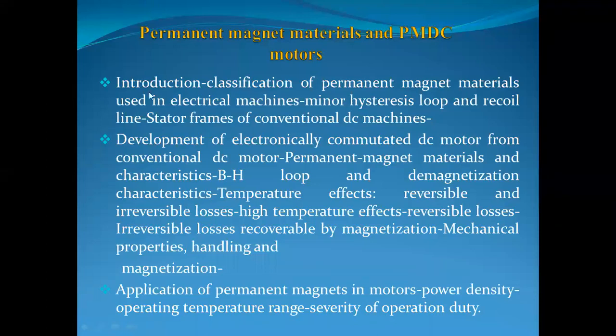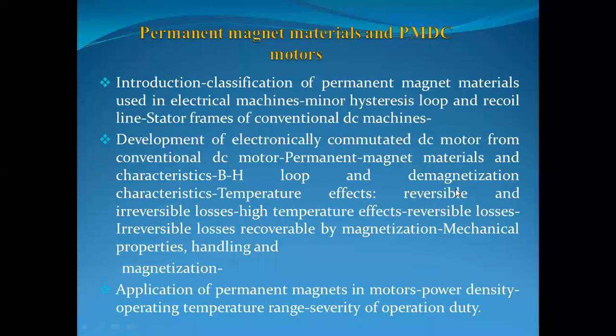Next is the development of the electronically commutated DC motor from the conventional DC motor, permanent magnet materials and characteristics of the BH loop and demagnetization characteristics, and also the temperature effect. Temperature effects are also observed in the classification.